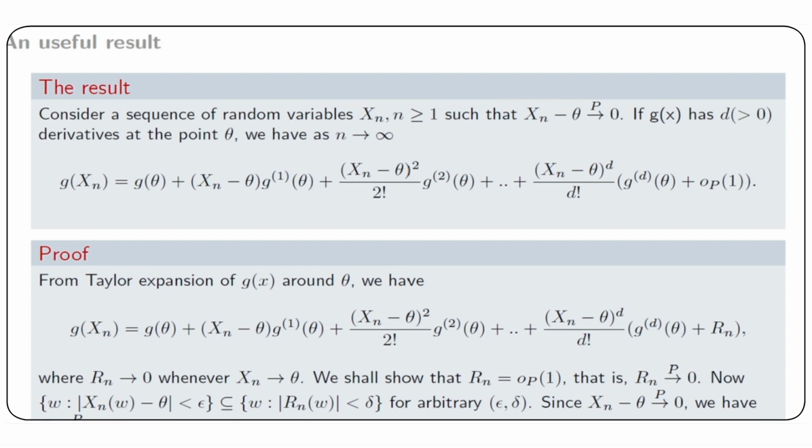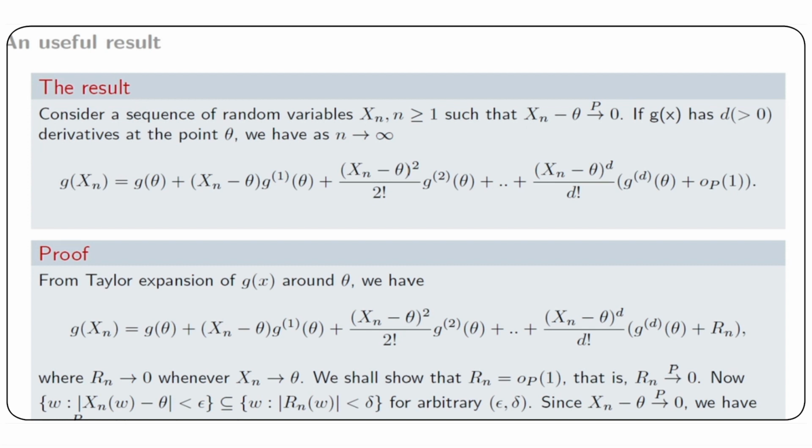From the Taylor expansion of g(x) around theta, we have the relation that g(Xn) equals g(theta) plus (Xn minus theta) multiplied by the first derivative of g at theta, plus (Xn minus theta) squared divided by 2 factorial multiplied by the second derivative, up to (Xn minus theta) to the power d divided by d factorial multiplied by the dth order derivative of g, plus Rn, where Rn is the remainder and Rn tends to 0 whenever Xn tends to theta.